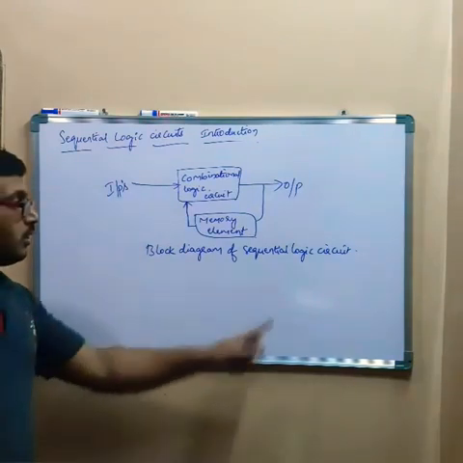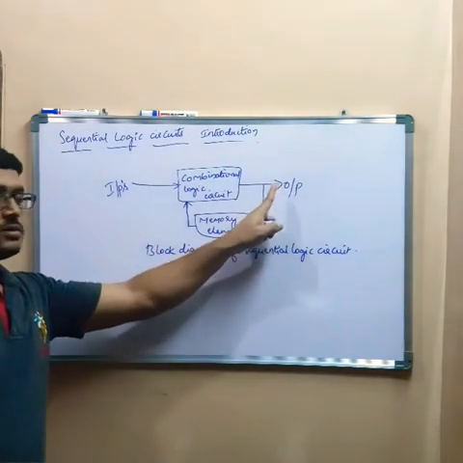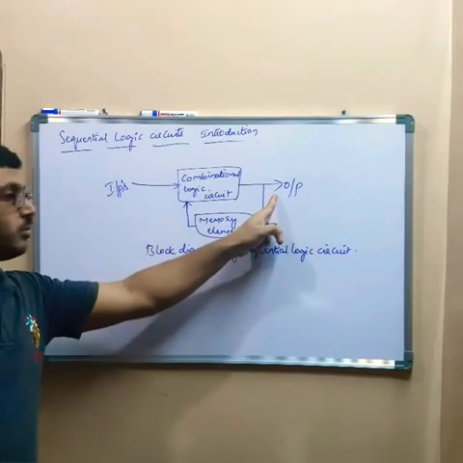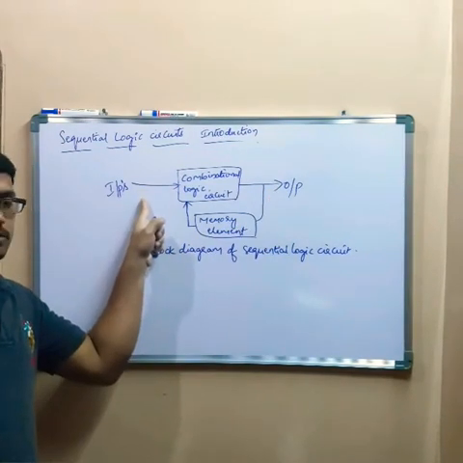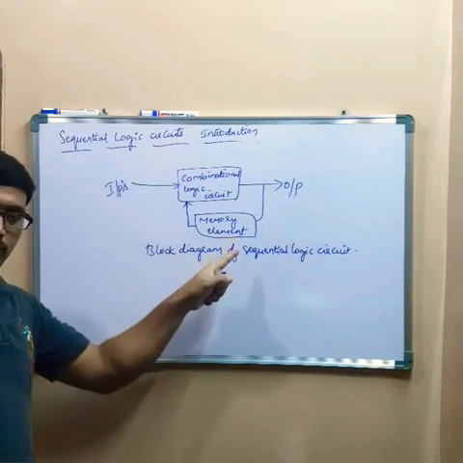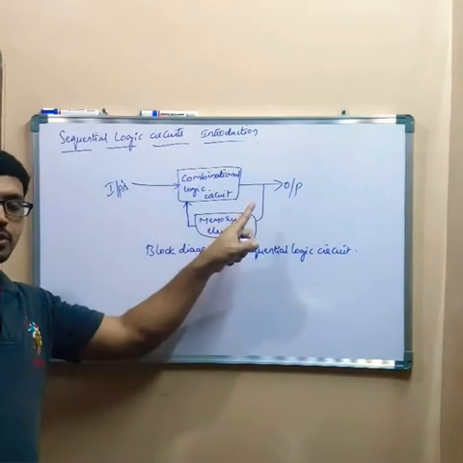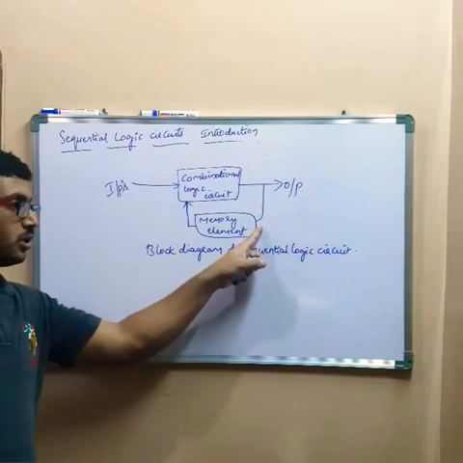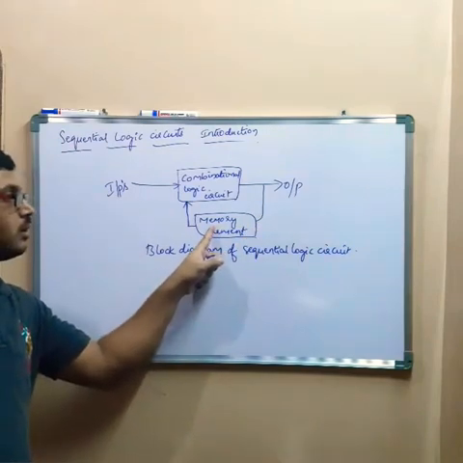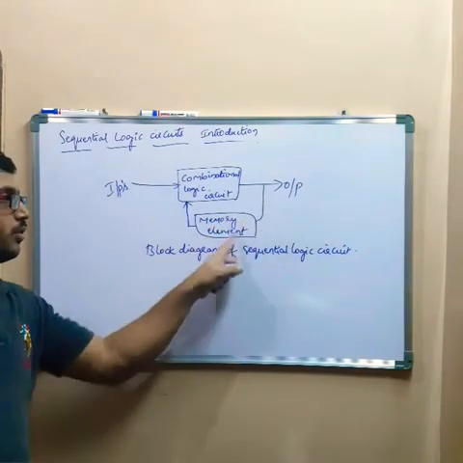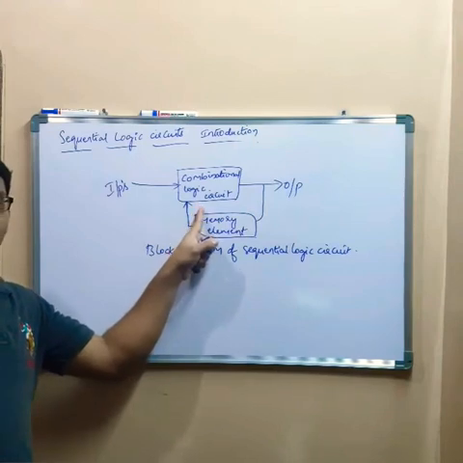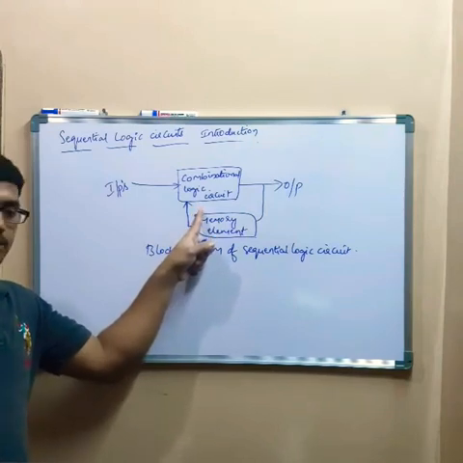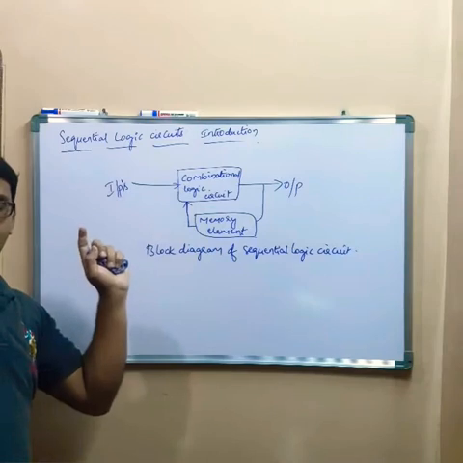The output of the circuit or system depends on the applied inputs as well as the past outputs. In order to store the past output, we require a storage element, that is, a memory element. It is connected in feedback to this combination logic circuit, right?